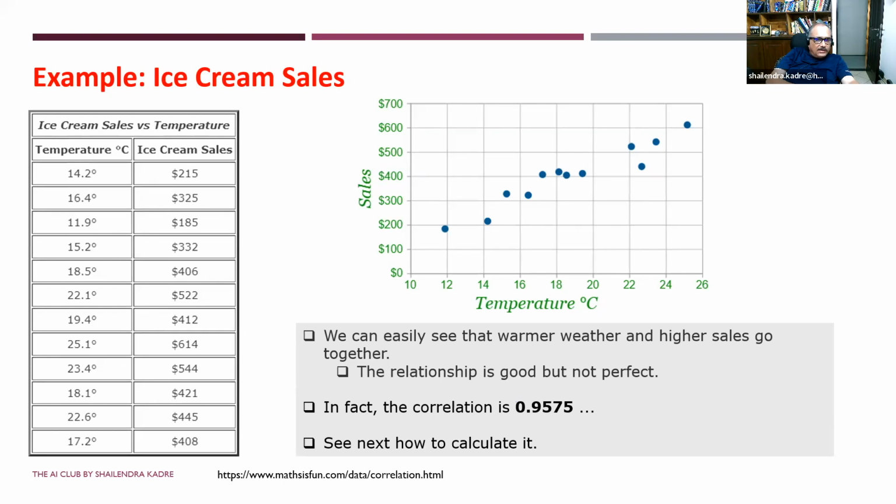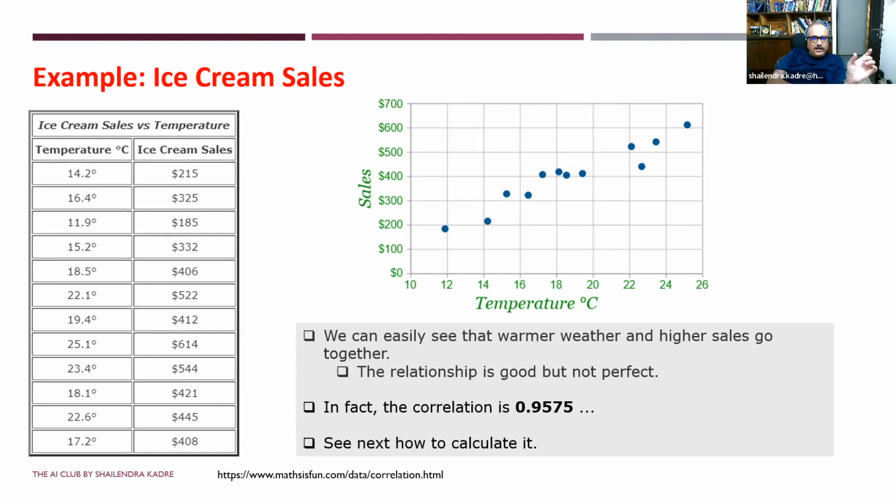Seeing the data, can somebody tell me what is the lowest and highest value of temperature in this table? 11.9 is the lowest. And highest? 25.1. Yes, correct. So there is a range.